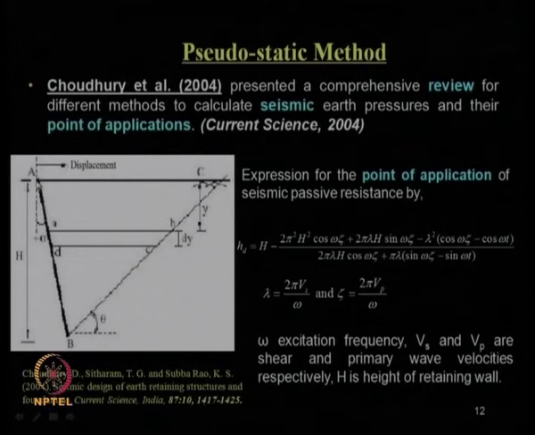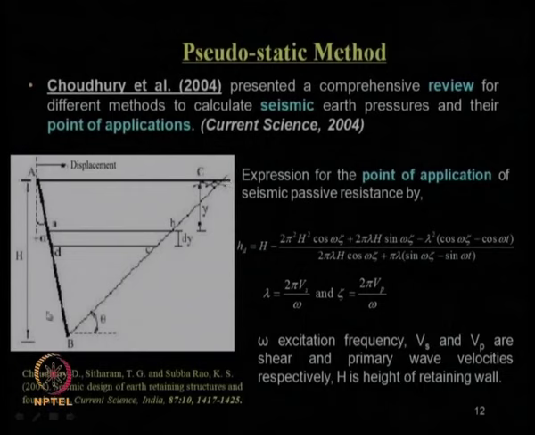So, what we did, we considered an inclined rigid wall section. This is the face of the wall, this is the ground surface, a horizontal ground surface. For the passive state of earth pressure, that is why the displacement of the wall is shown in this direction.